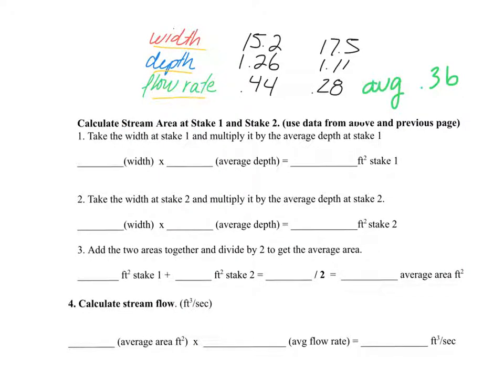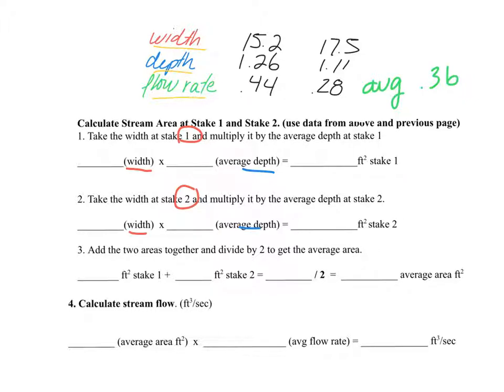Now I'm plugging in, again, a little bit different numbers. I've got my width for both stake 1 and stake 2, and also the average depth for stake 1 and stake 2. So I just want to make sure I plug in the right details.